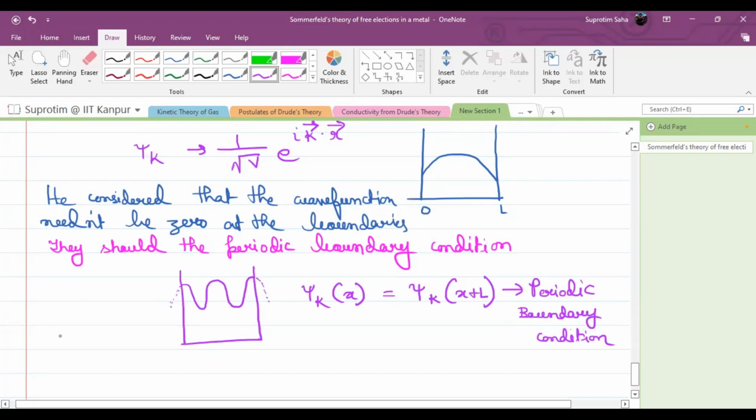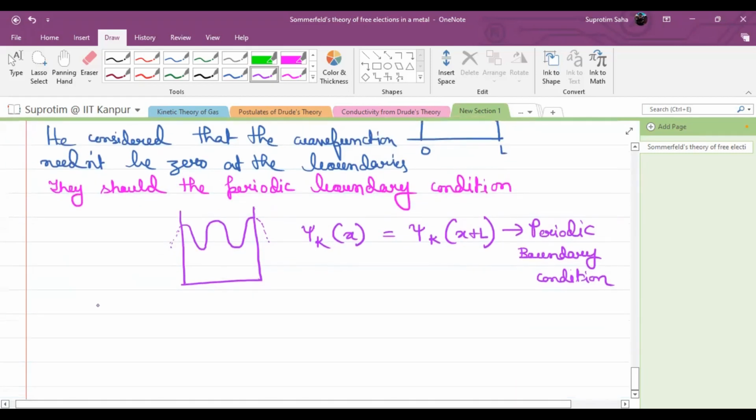So now you are imposing the periodic boundary condition, which brings about changes in the nature of the wave function. So psi of x is 1 over root V e raised to i k dot x.